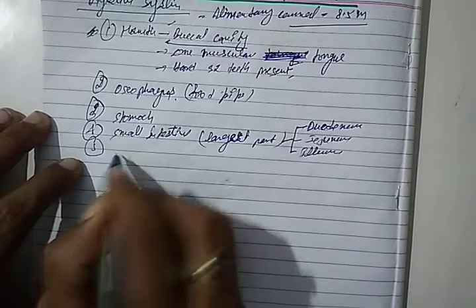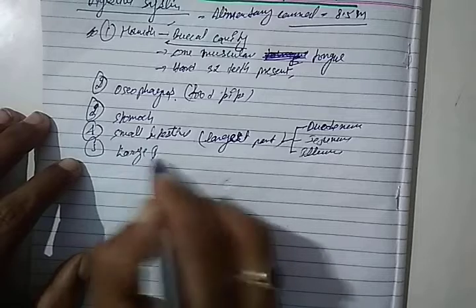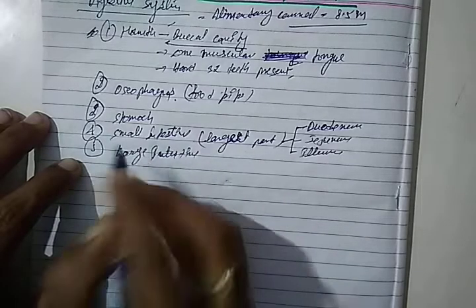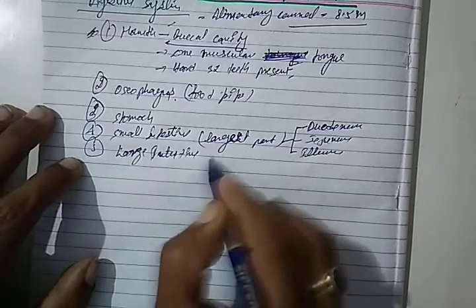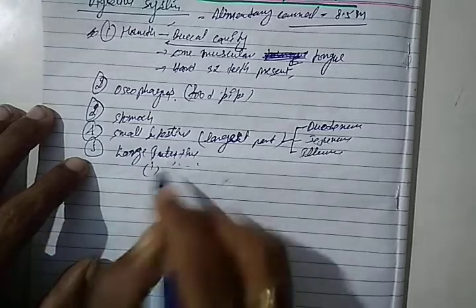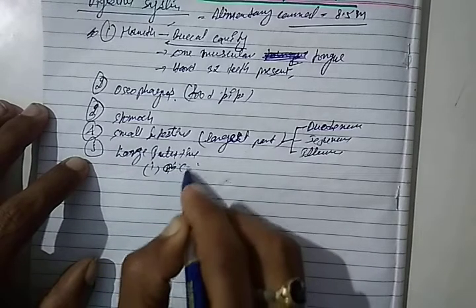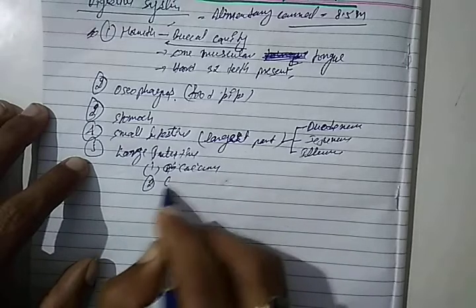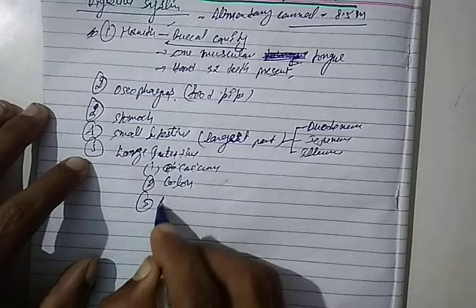Okay, next part, number 5, large intestine. It is again divided into different parts. Number 1, cecum. Number 2, colon. And number 3, rectum.